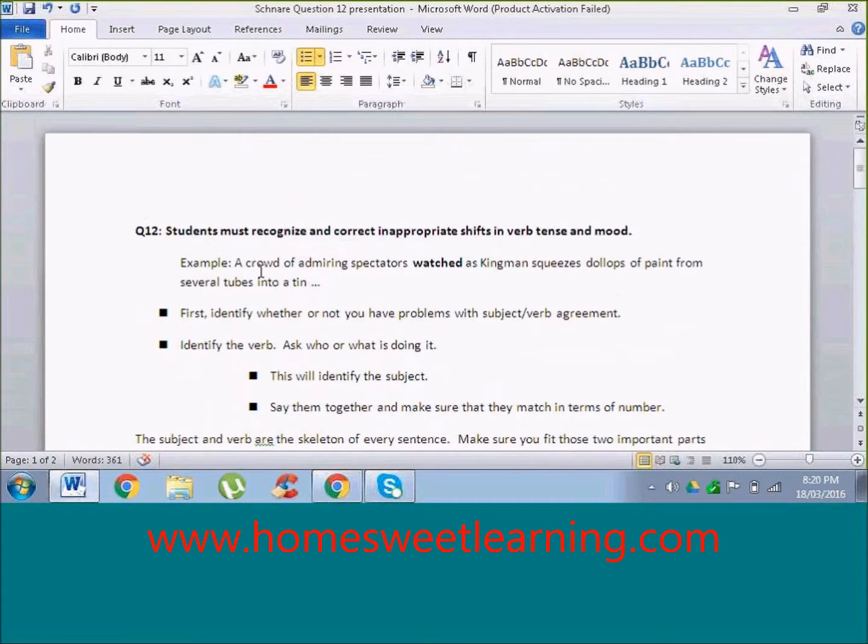The example question says, a crowd of admiring spectators. Think carefully, which one is the subject? If you've chosen a crowd, you're correct. Admiring spectators is not what we're focusing on here. It's going to be tricky to think about, but we can practice more.